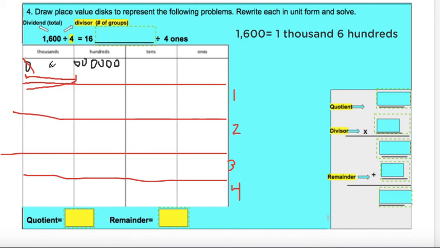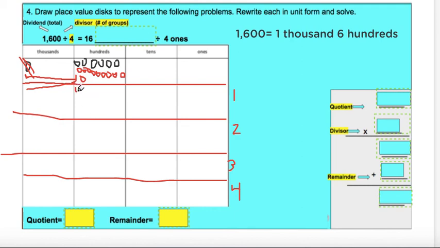How many fingers do we have up? 10. So that means that there are 10 hundreds inside of 1,000. So we're going to draw 10 more hundreds in our hundreds place. 5, 6, 7, 8, 9, 10. Don't forget to cross off that 1,000 because we no longer need it.